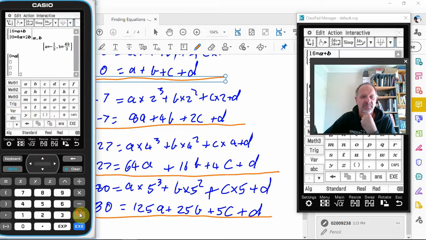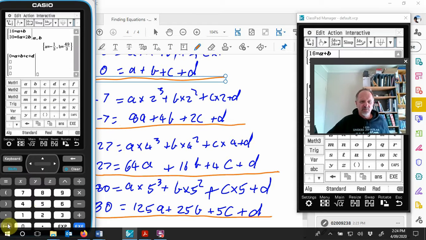So A plus B plus C plus D. You'll notice this is not a QWERTY keyboard. It's alphabetical order. The next one down, -7.